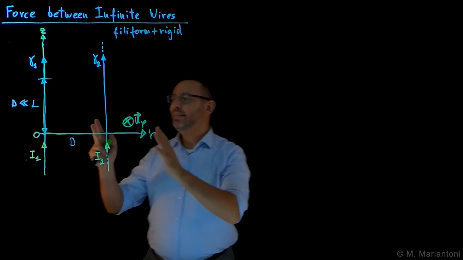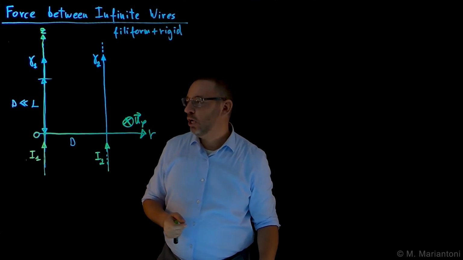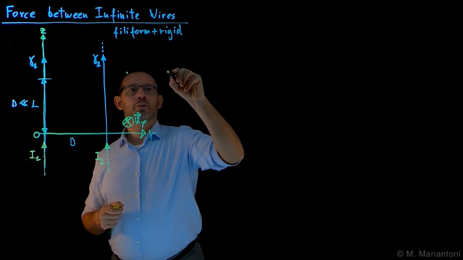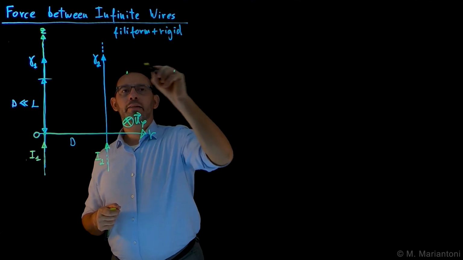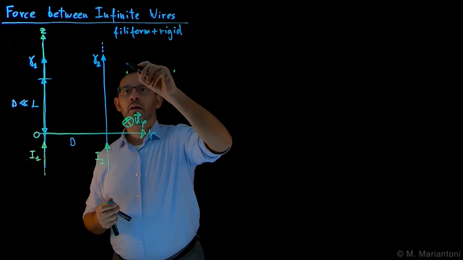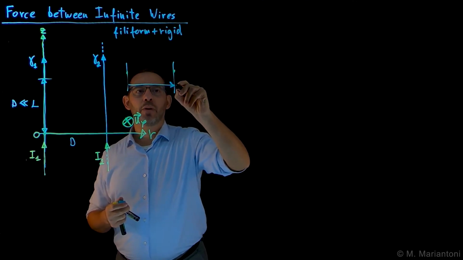So let's look at this sketch from above, so that these are the traces of the 2 currents. This is the trace of the first current, this is the trace of the second current, and they are at a distance capital D from each other. So this is my distance here, capital D. I'm looking again at this sketch from above.